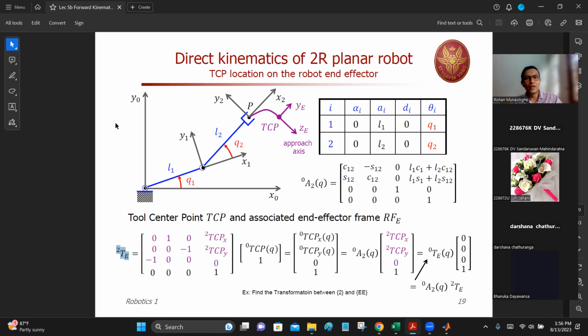What do you see? Now, earlier, you rotated X0, Y0, Z0, that frame, and translated, and eventually put it coincident with X1, Y1, Z1, right? Likewise, here, how do you rotate this X2, Y2, Z2 frame in order to coincide with XE, YE, ZE?